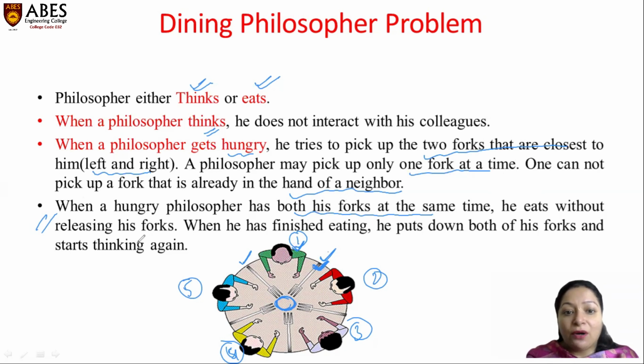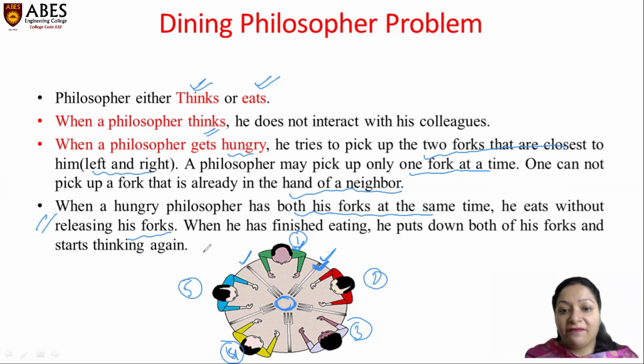He eats without releasing his forks. तो पहले जिस भी philosopher को भूख लगेगी, सबसे पहले वो अपनी left chopstick उठाएगा, उसके बाद वो अपनी right chopstick उठाएगा. ठीक है. And then he will start eating. और जब तक philosopher खा रहा है, इन बिटवीन philosopher अपनी chopsticks या forks को release नहीं करेगा. जब philosopher अपने पूरे rice content को finish कर देगा, only then he can release the forks.